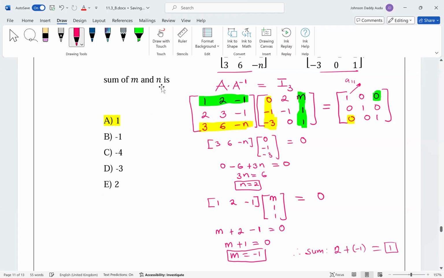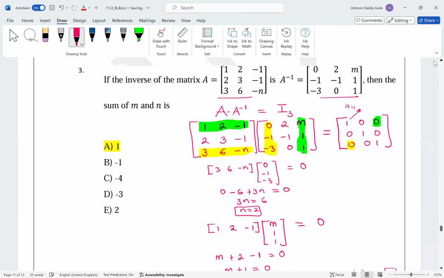All right, so this is just using two things. We know that A times its inverse must be identity. And also we use the row by column multiplication, which we did earlier. Because here, what does this represent? This represents A11, A12, A13, right?